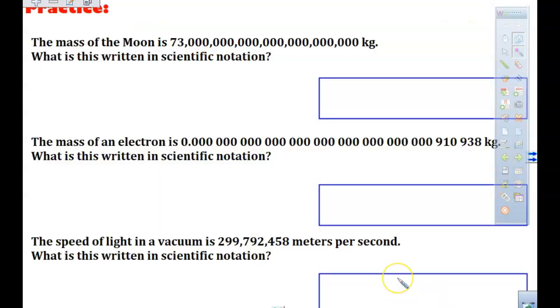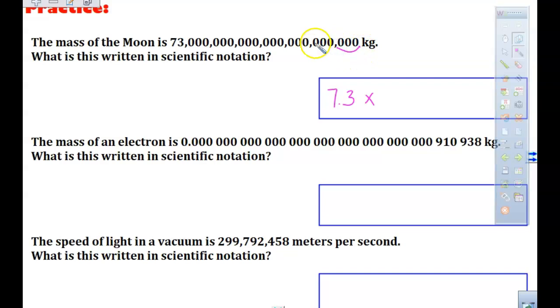Okay? So here's some really big numbers. We're going to practice writing them in scientific notation. So as you are taking a look at your notes, as we look at that first one, where do I want to place my decimal point? It should be 7.3. Count those zeros, right? So how many places? And what's nice is our number system puts them in groups of 3, right?